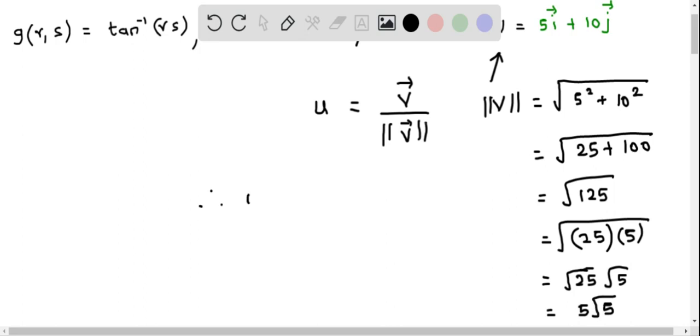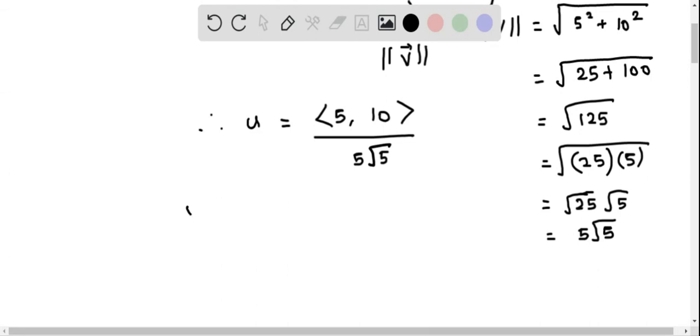Therefore, we write u equals v vector, in component form 5 comma 10, divided by the magnitude, which is 5 root 5. So we can split this and write this unit vector in component form as 5 divided by 5 root 5, comma 10 divided by 5 root 5.